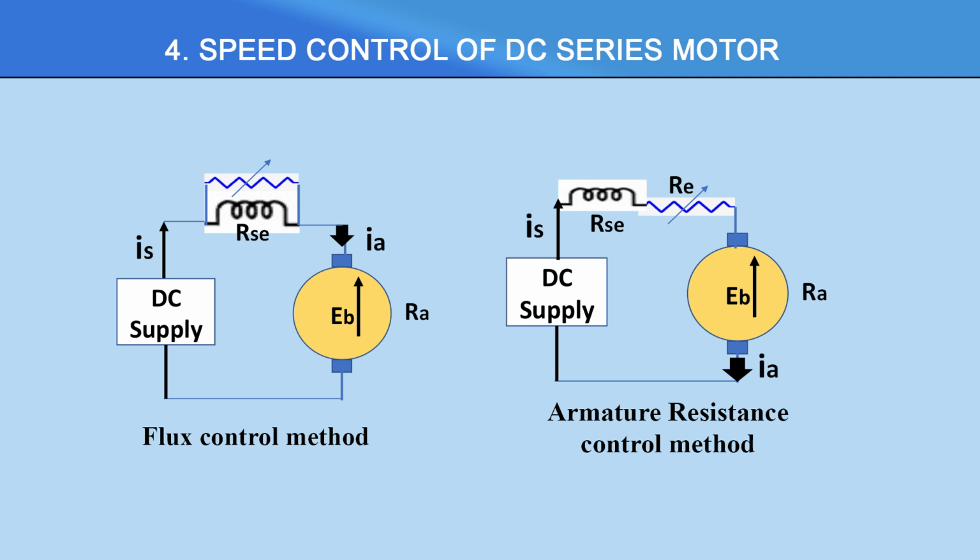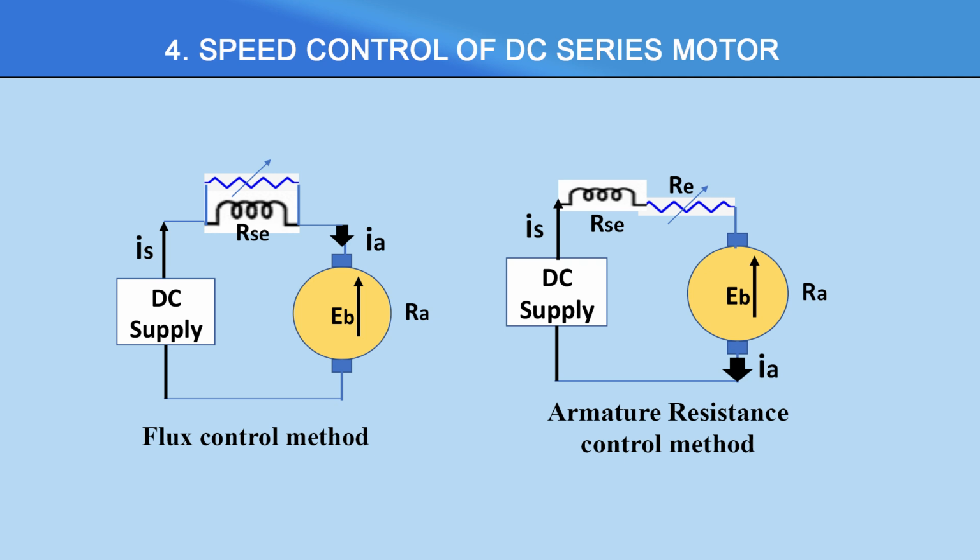Because it is the armature resistance control method, we can say R external is connected in series with RA. So in case number 1, we are trying to reduce the overall resistance, and in case number 2, we are trying to increase the overall resistance.